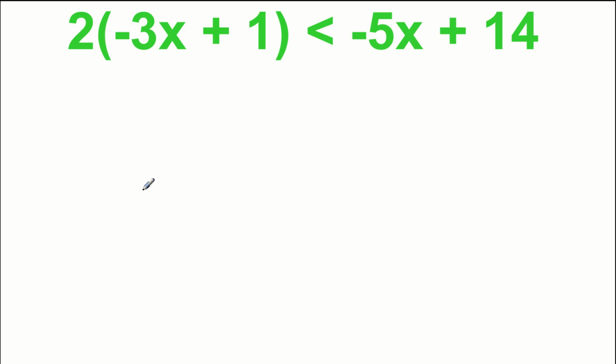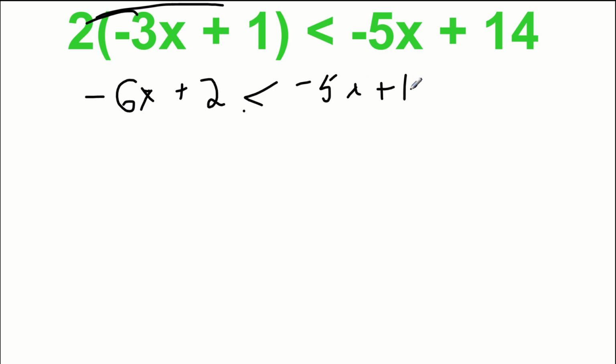Pay attention, okay? First step. Subtract.